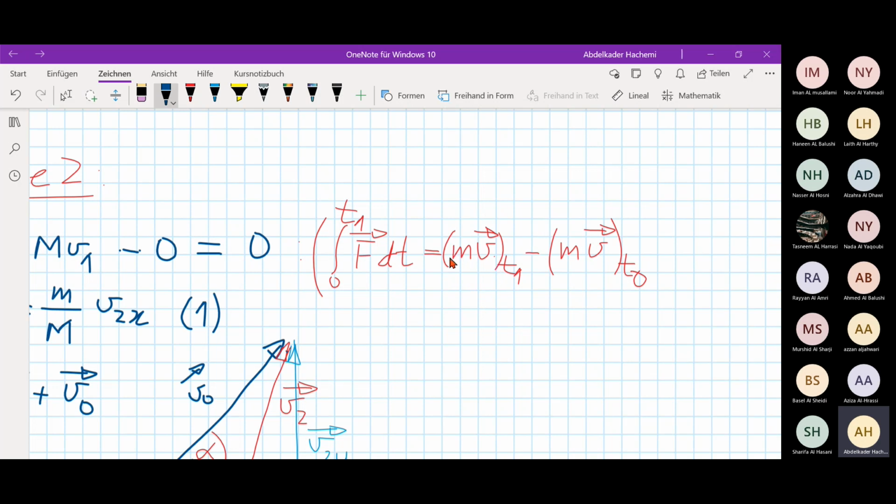That means mv at time t1 minus mv at time t0. We use this formula here.